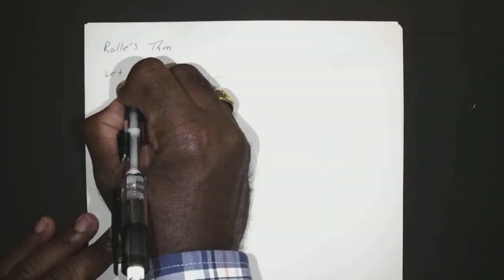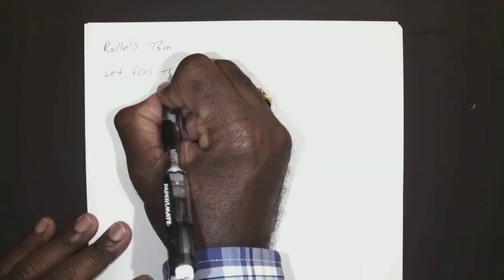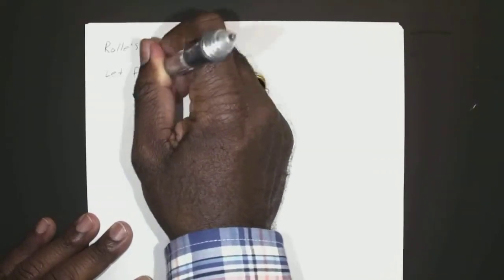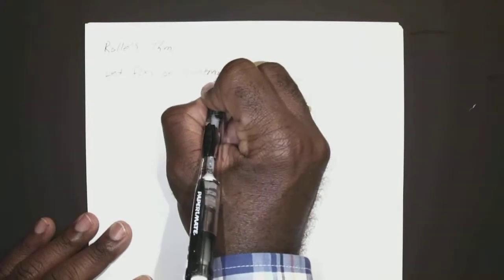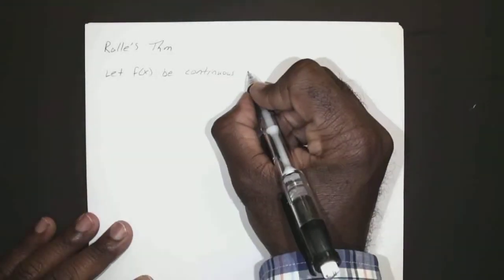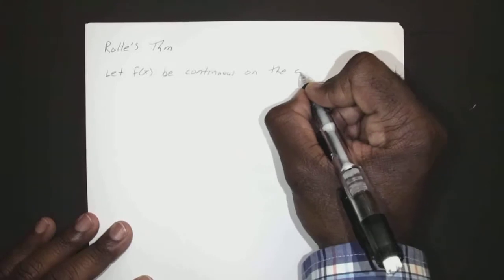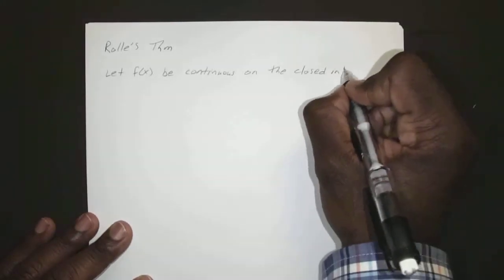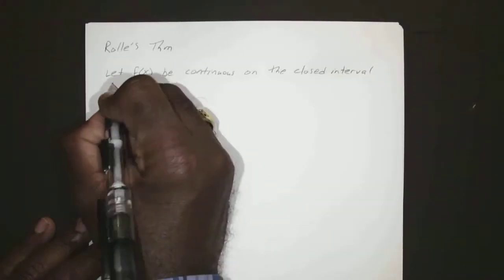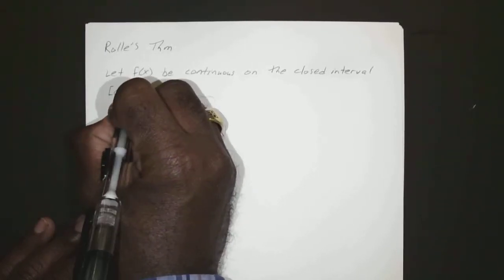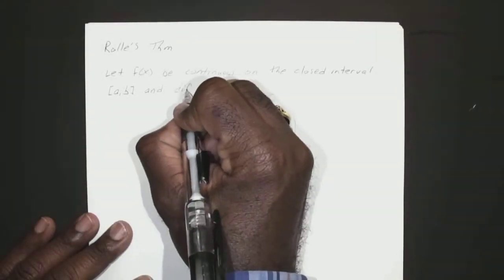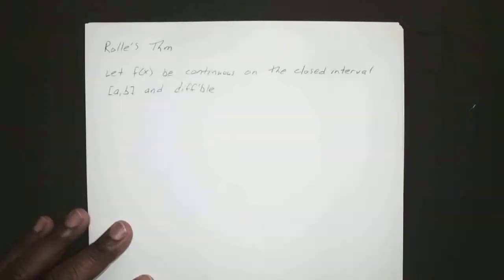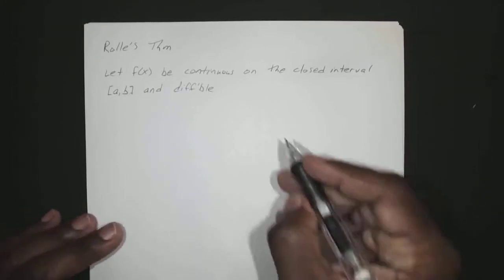So what if we have a function f of x that's continuous on a closed interval, we'll say from a to b, and differentiable on the open interval from a to b.